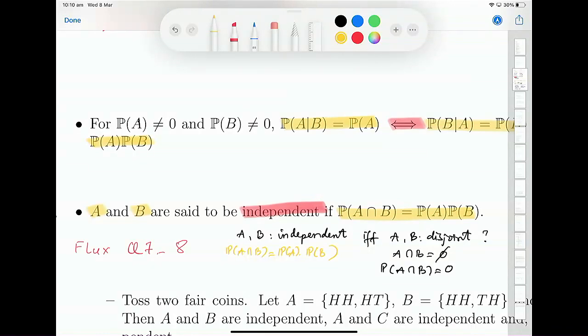So if A and B are disjoint, the left hand side of the equality is 0, but the right hand side in some cases may not be 0.